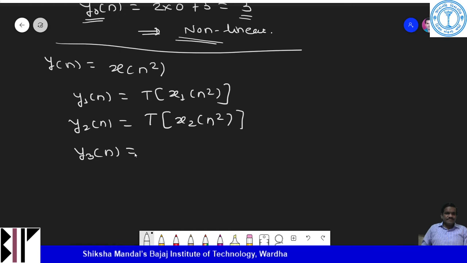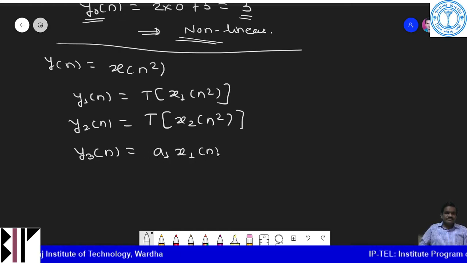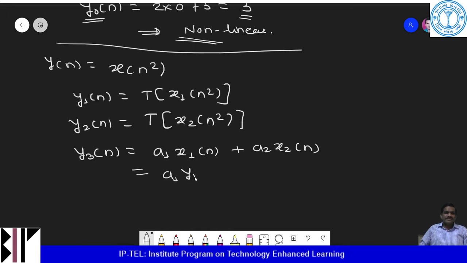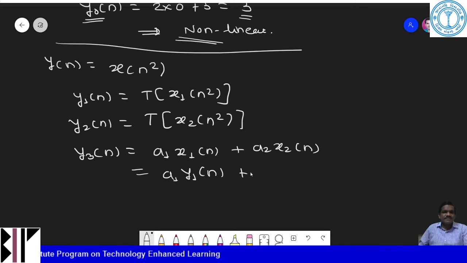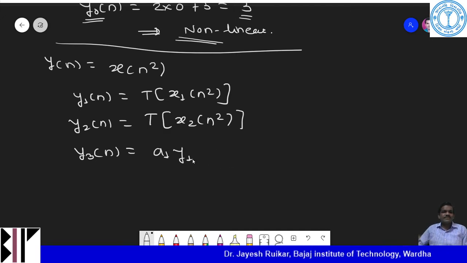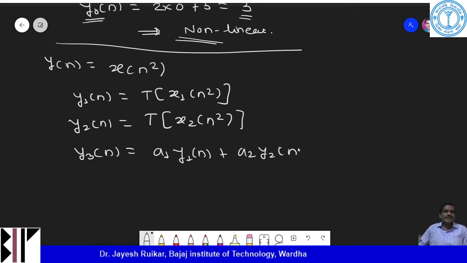y3 of n is equals to a1 y1 of n plus a2 y2 of n. I will rewrite this: instead of x1, it's a1 y1 of n plus a2 y2 of n.